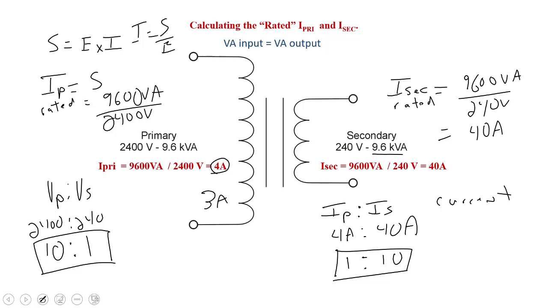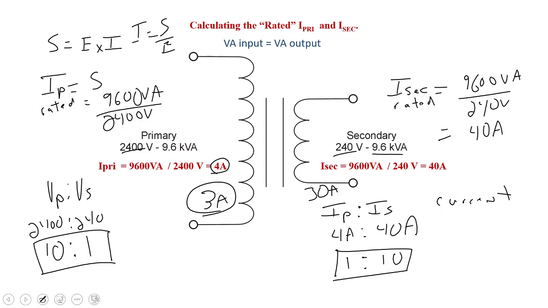Well, sure. 2400 to 240 makes it a 10 to 1 transformer. So the current ratio is exactly opposite, 1 to 10. So if I've got 3 amps on the primary, I times that by 10, I would have 30 amps on the secondary.